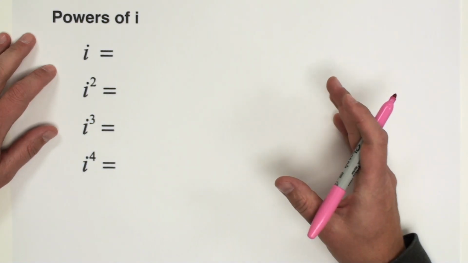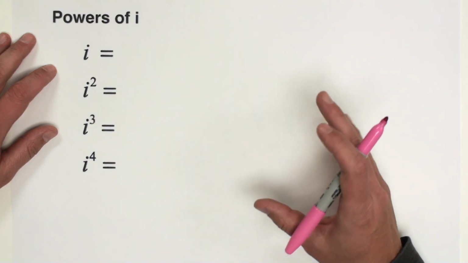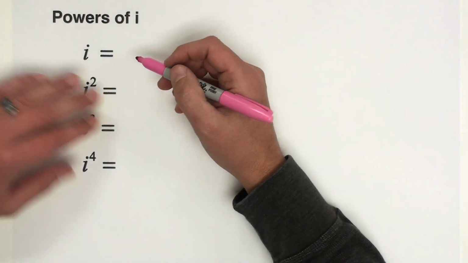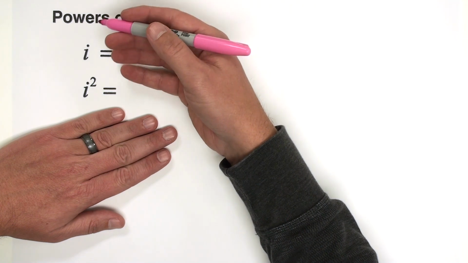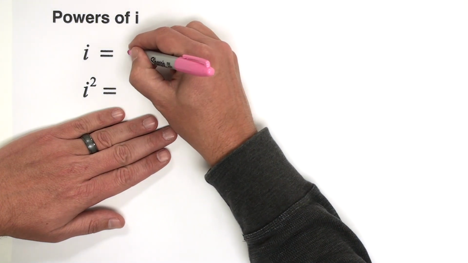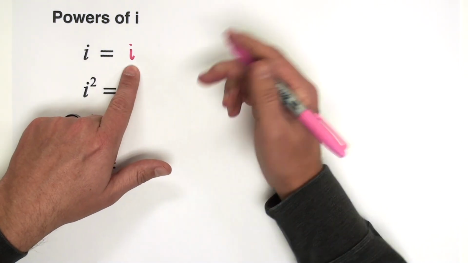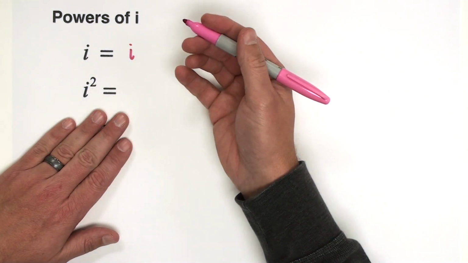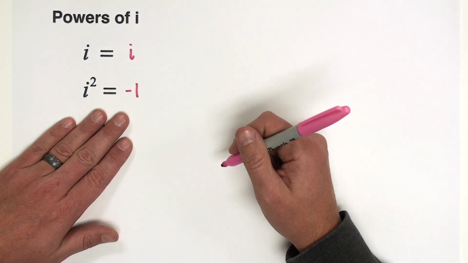All right, next thing I want to talk about is the powers of i. We'll make an observation here on this slide and then work out a couple example problems. Now we've only seen these first 2 right here, and we know that i is equal to the square root of negative 1, but for the purposes of this slide, I'm just saying that i is equal to i. In other words, anything is equal to itself, right? On the next one, i squared, we know what i squared is. i squared is equal to negative 1, okay?